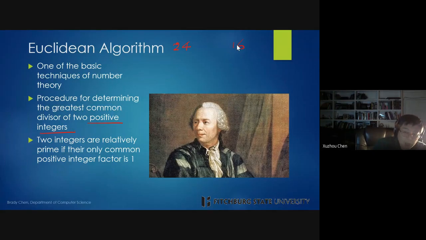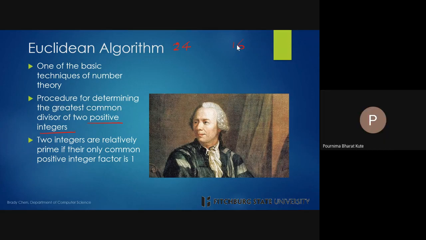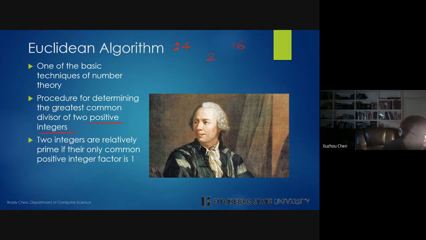So that means a number that can divide both 24 and 16. 2, 4, 8. Okay, so I can find a 2, right? 2 can divide 24. 2 also can divide 16 because 2 is a factor of 24 and 2 is a factor of 16. What else? 4, right? Because 4 can divide 24, 4 can divide 16, and also 8.